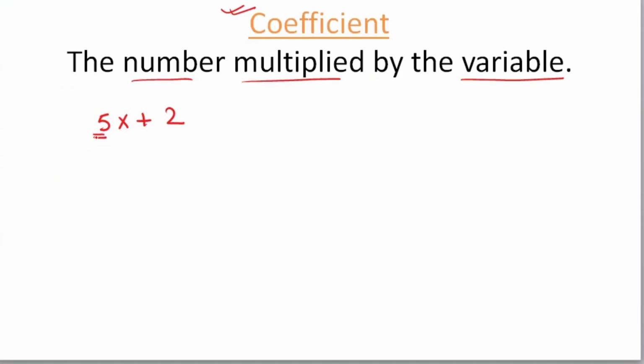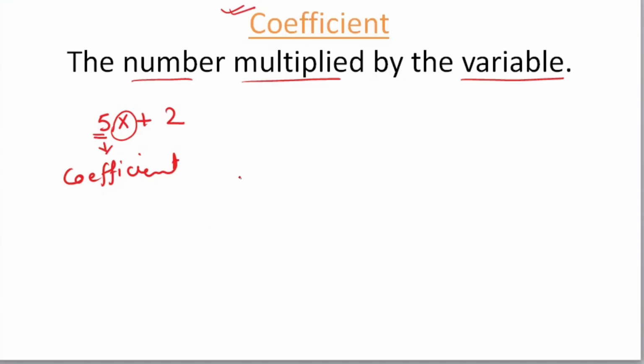This 5 in front of x is called the coefficient. 5 is the coefficient. Okay, because 5 is multiplied with the variable and here the variable is x. X is the variable and 5 is multiplied with x. So 5 is the coefficient. So the number in front of the variable is the coefficient.